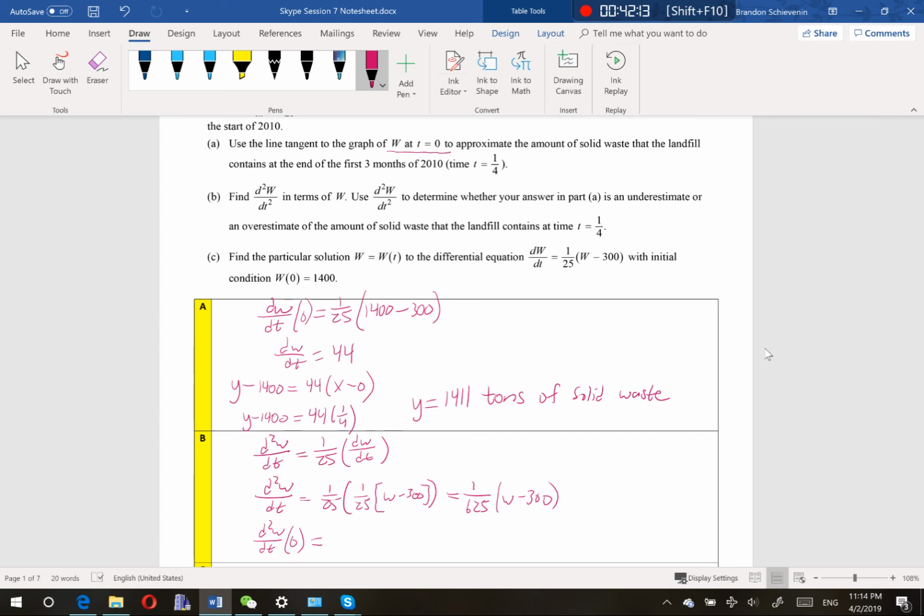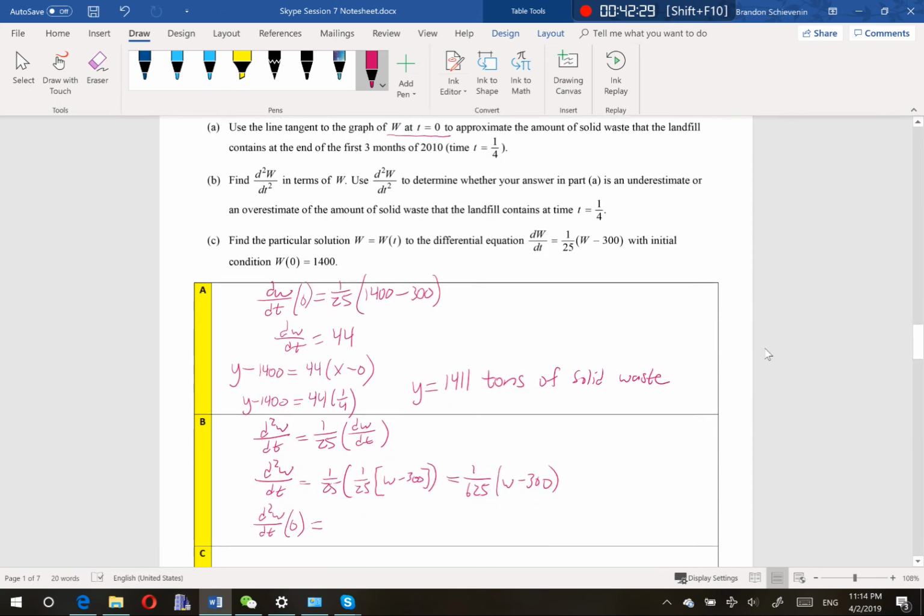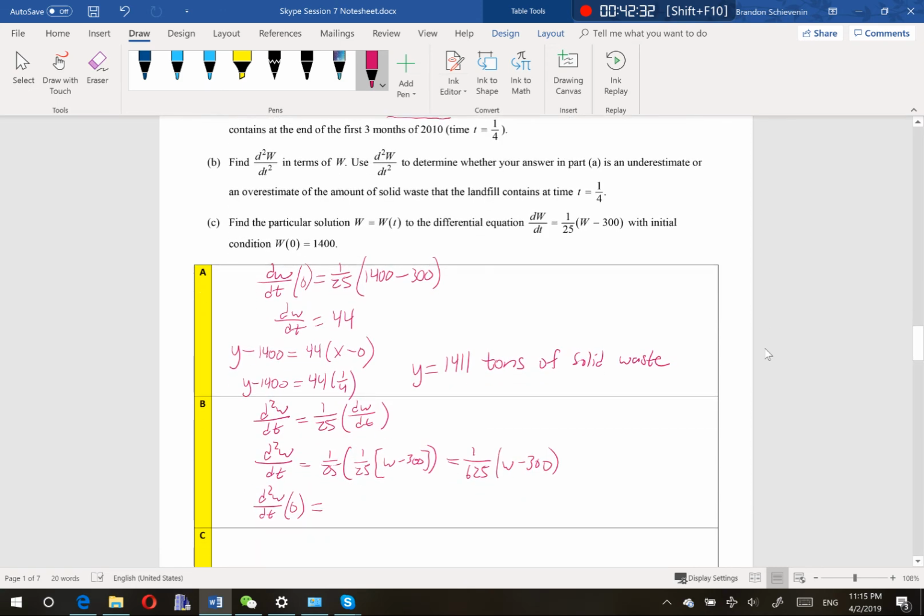Okay, when our t was 0, what was my w equal to? Oh, 1400. Okay, so this is really 1 over 625 times 1400 minus 300. So at t equals 0, this is 1100 over 625. I'm going to leave it like that for now. So that means we were concave up.